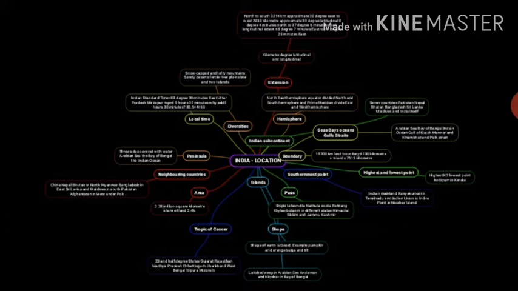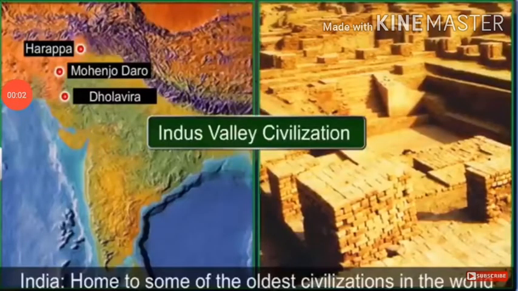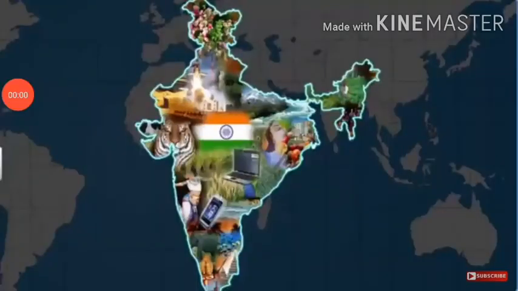The shape of our earth is geoid, two islands, Indian subcontinent, Indian mainland, Indian Union, Tropic of Cancer, area of India, coastline, neighboring countries, and so on. India is home to some of the oldest civilizations in the world. Let's learn a little more about the country.